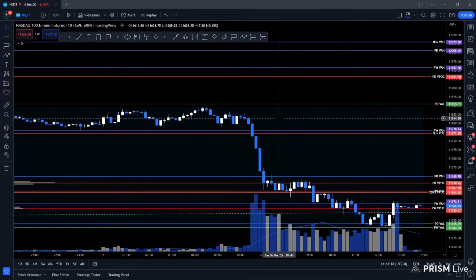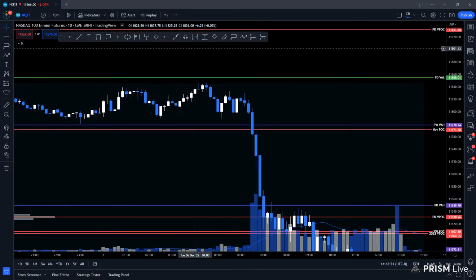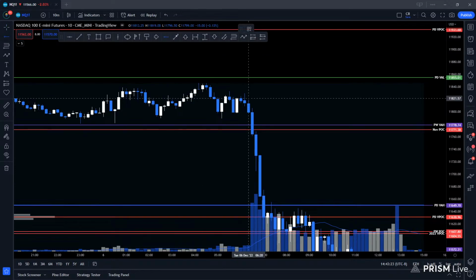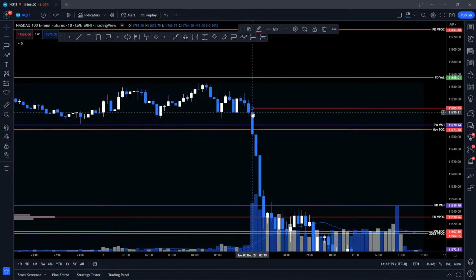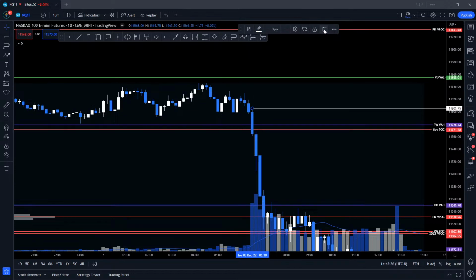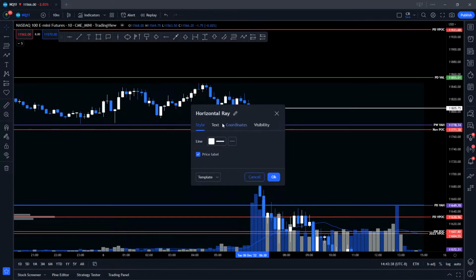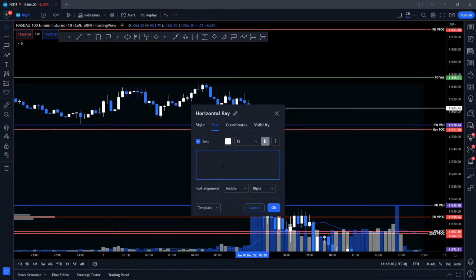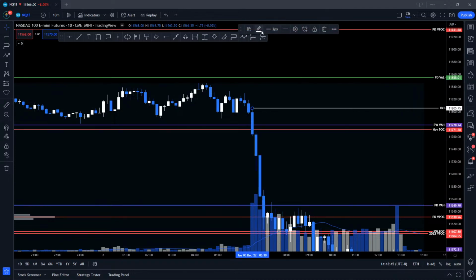The way that you set your IBH is you go off of the top of your opening candle, and this is going to be your IBH. And then you take the high of the body of the first candle.